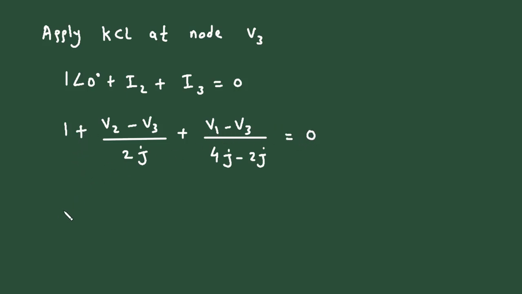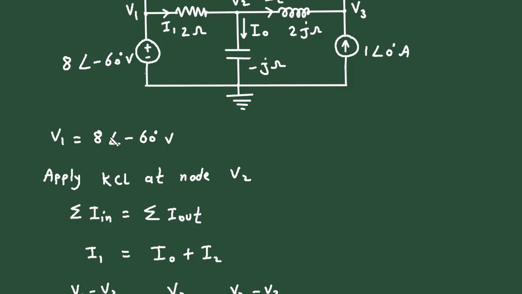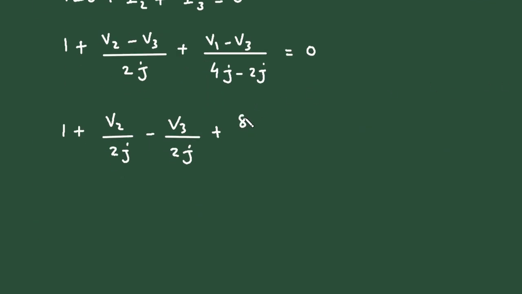So now this will be 1 plus V2 divided by 2J minus V3 divided by 2J plus V1 divided by this. So the value of V1 is 8 at an angle minus 60 degree divided by 4j minus 2j.